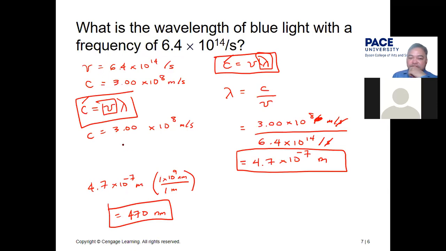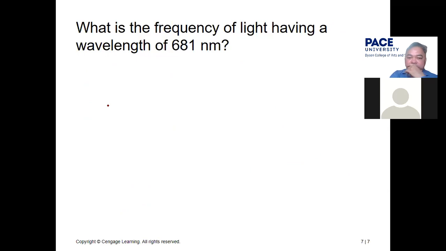Now, the next question that you can have is, instead of the hertz being given, what if the hertz is the one being asked and the wavelength is given? Just like here: what is the frequency of light having a wavelength of 681 nanometer?